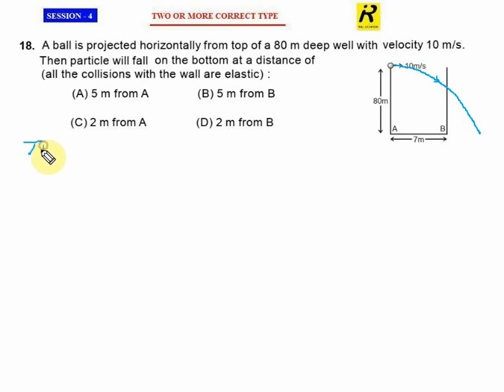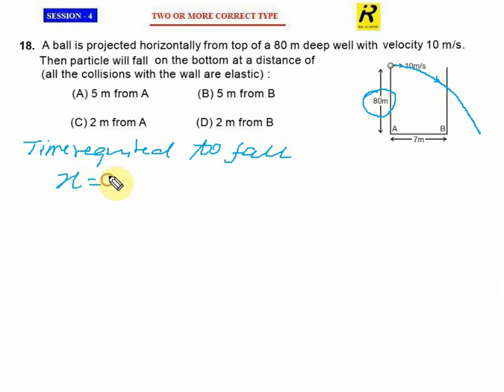the time required to fall can be calculated from the vertical displacement, that is 80 meters. I use the equation x equals V0 t plus half a t squared.